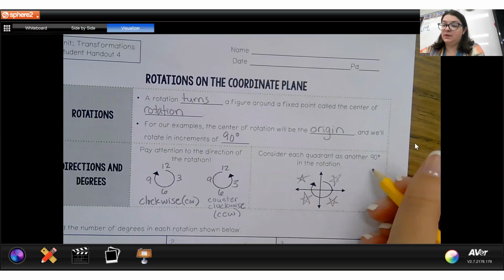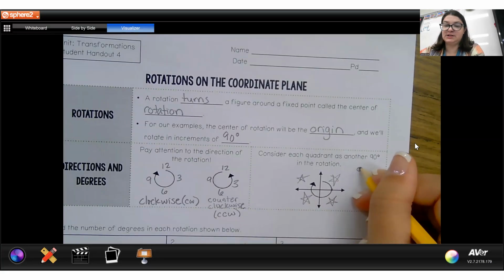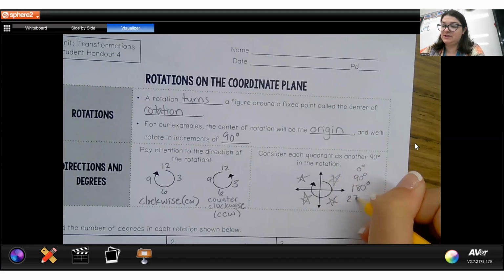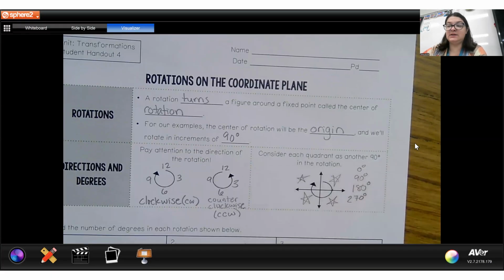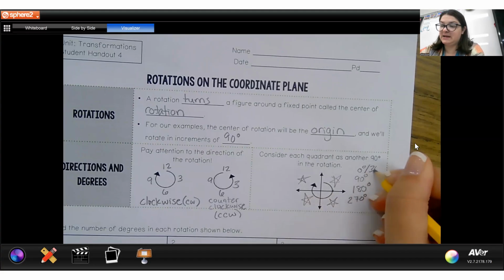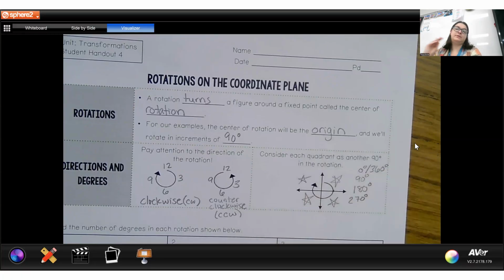So 0 degrees is the starting place, 90 degrees is the next quadrant, 180 degrees is the quadrant diagonal from wherever it started. 270 degrees is next to it, but further around the circle. And then 360 is the same as 0 degrees because it's going to end up in the exact same spot.